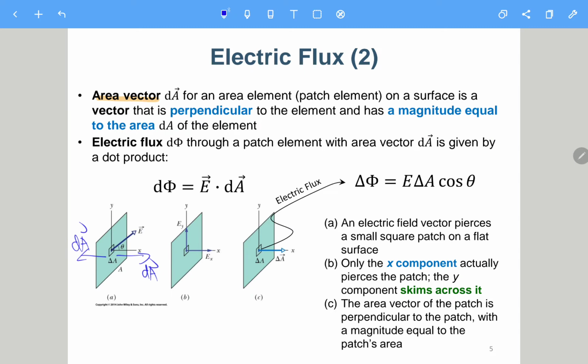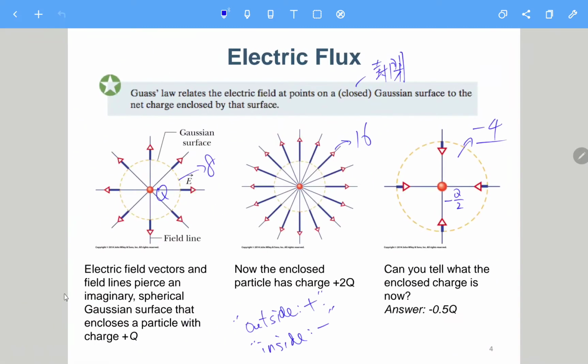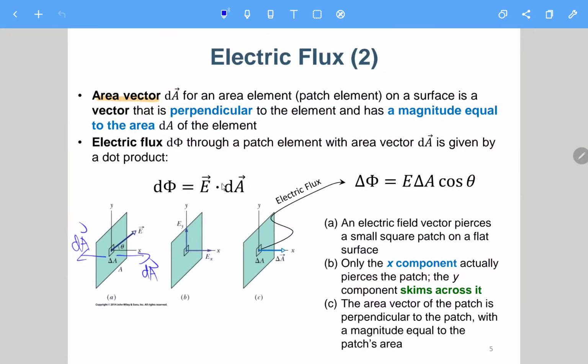You can define the direction depending on what you like. But for a closed surface, we always define dA pointing outside of the closed surface, just like here. Outside is positive. So we define dA perpendicular to the element and also pointing outside.